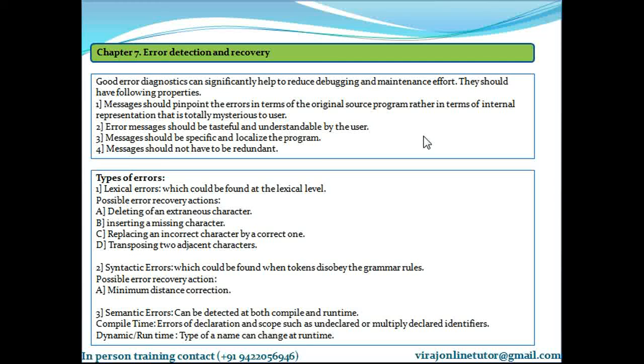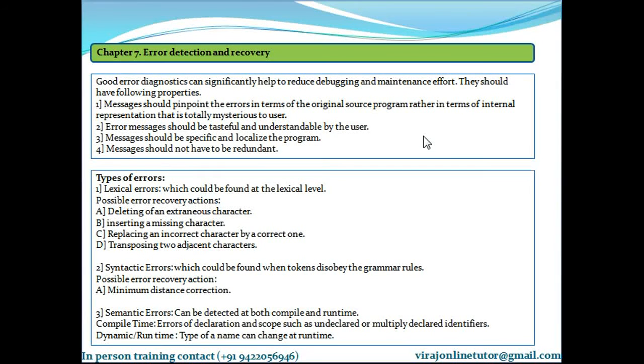Programs which are submitted to a compiler often have errors of various kinds. A good compiler should direct attention to as many errors as is reasonably possible. Compilers should be able to not only detect errors but also recover from them.